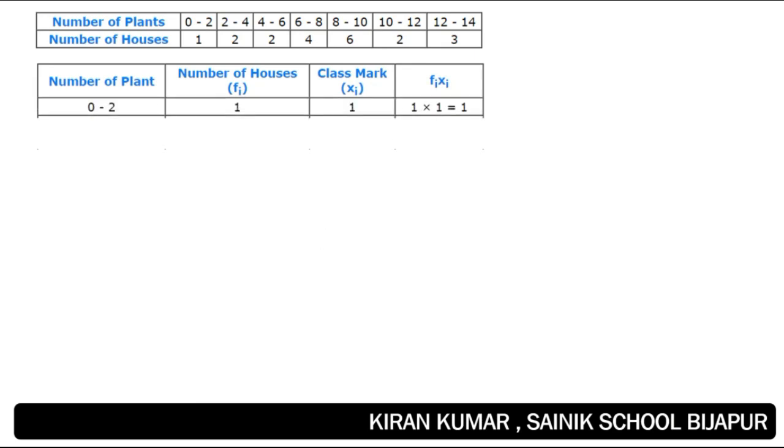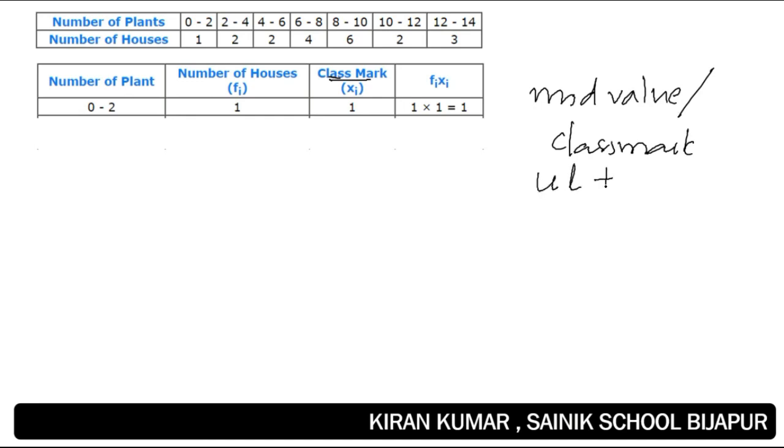We'll mention the number of plants as 0 to 2. Here we have the class mark, also called the mid value. Mid value or class mark is given by the upper limit plus the lower limit divided by 2. Here the upper limit 2 plus the lower limit 0 is 2, divided by 2 gives us 1.